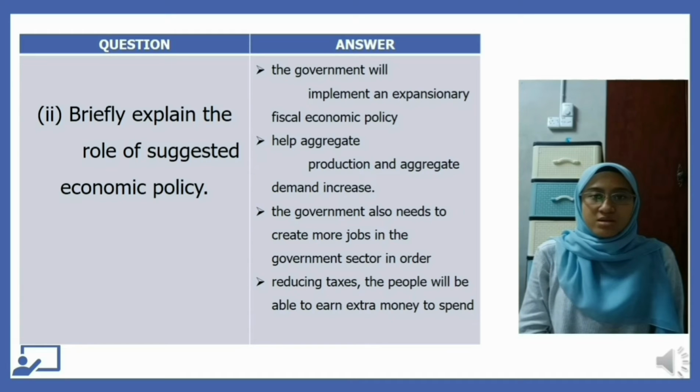In addition, by reducing tax, people will be able to keep extra money to spend, such as subsistence assistance, and companies can generate profit that can increase investment. This will further boost economic growth.